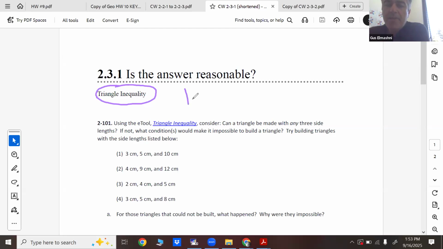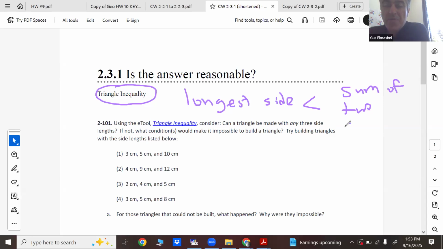The longest side has to be less than the sum of the two short sides.